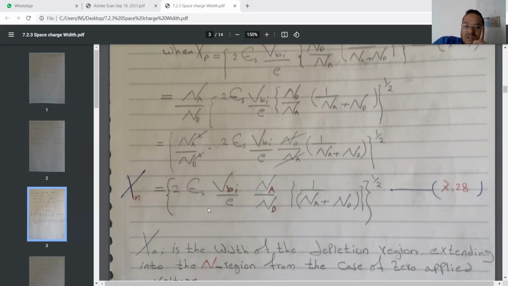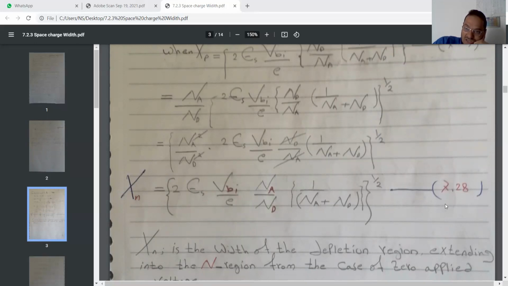Like we noted here, XP has the same result, but for the width in the P region, its result was donor concentration divided by acceptor concentration. This is an important note, because by using this note, we can keep this equation easily in our mind, okay? Then this bracket, all these bigger brackets to the root 2.